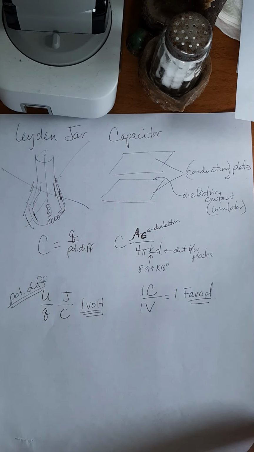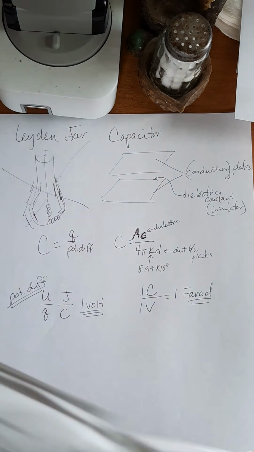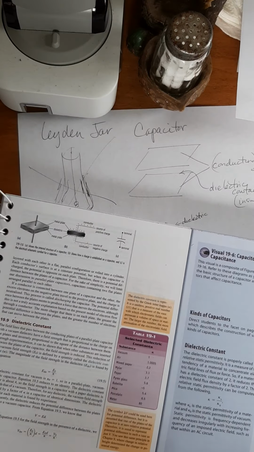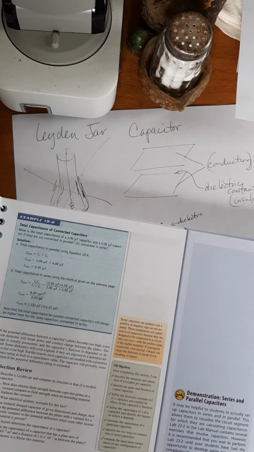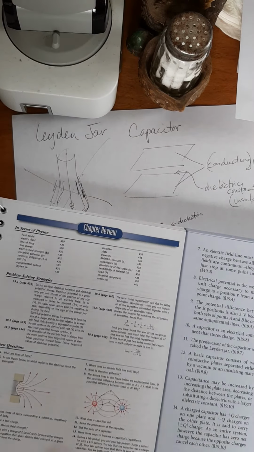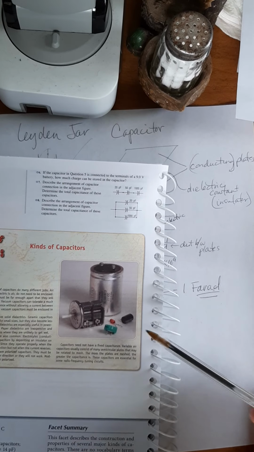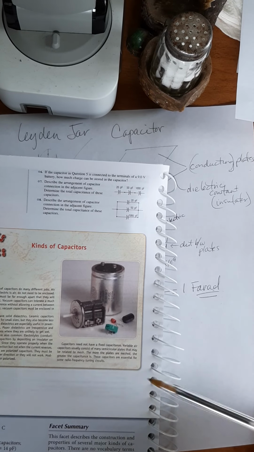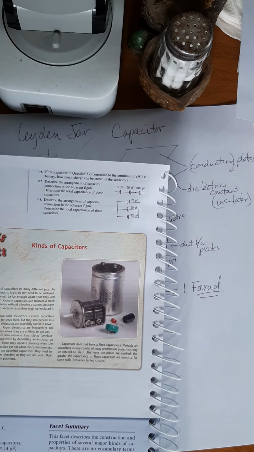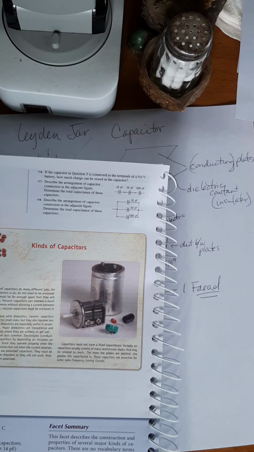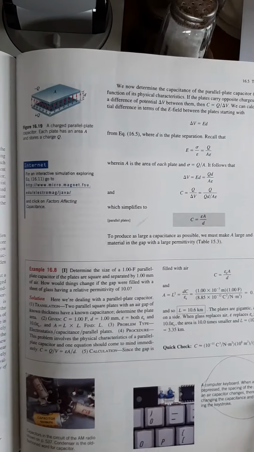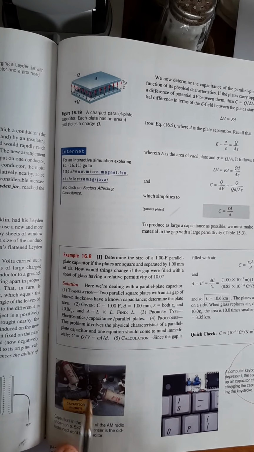Now you could have all different kinds of capacitors. Let me see if I can find a couple of interesting pictures in your book. Yeah, there are some different kinds of capacitors. You could have ceramic ones, and you've seen these with a lot of computers. Here's some more in my university book.